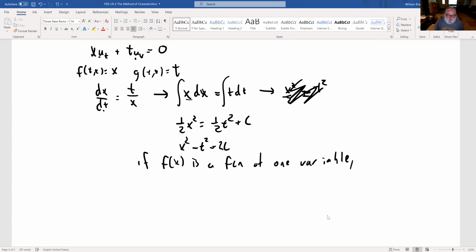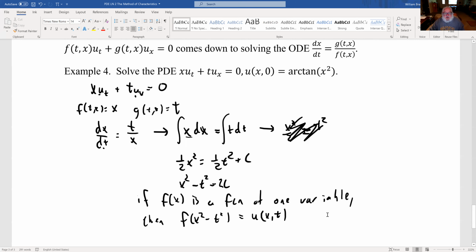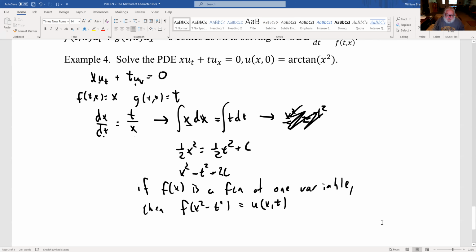So any function of one variable, f of x squared minus t squared, is one of our solutions, right? And so if we want u of x comma 0 equal to arctangent of x squared, that's our initial condition.